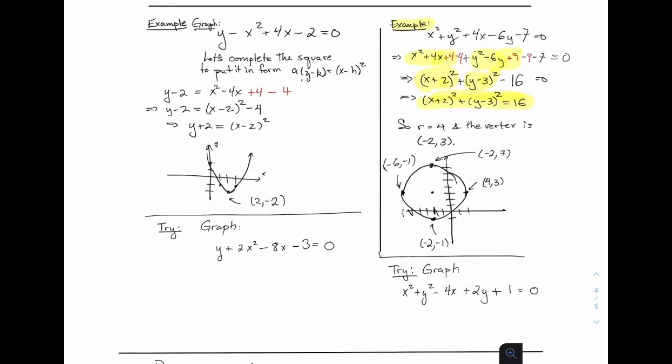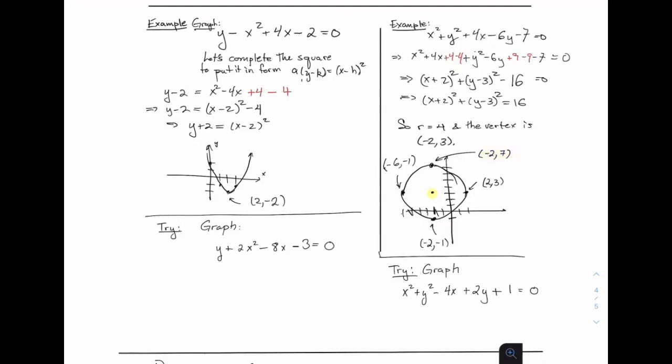We identify r to be the square root of 16, which is 4. The center is what makes the left-hand side 0, which is -2, 3. We can find 4 points on the circle by adding 4 to the x-coordinate of the center, subtracting 4 from the x-coordinate, subtracting 4 from the y-coordinate, adding 4 to the y-coordinate of the center.